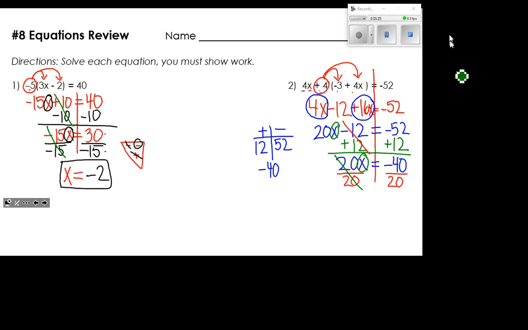And we are left with x equals negative 40 divided by 20. If I have a negative divided by a positive, it's going to give me a negative. So the answer is negative. 40 divided by 20 is 2. So our second answer is also negative 2 for x.